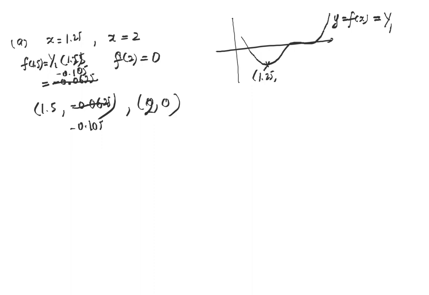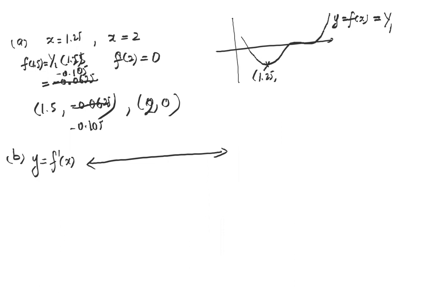Yep. So now, to do part B, I want to get the sign diagram of f prime x. On the sign diagram of f prime x, I must mark down the x values that will make f prime x equal to 0, correct? So what are the 2 values? What are the 2 values? Yes? The one with the white t-shirt here?